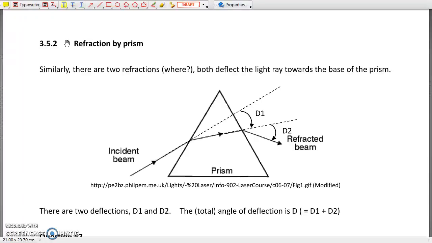Refraction by prism. When a light ray passes through a prism, it bends towards the normal when it enters the glass prism, and the light ray bends away from normal when it emerges from the prism. In this way, a light ray always bends towards the base of a prism.